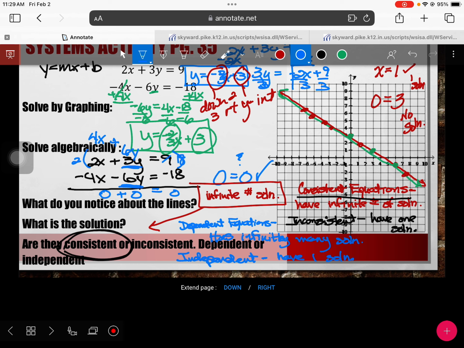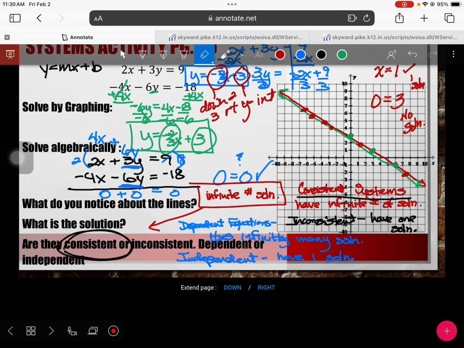Okay, you guys are gonna kill me. Kill is a very strong word. I was wrong about consistent. It's not equations, it's systems. Consistent systems have at least one solution.